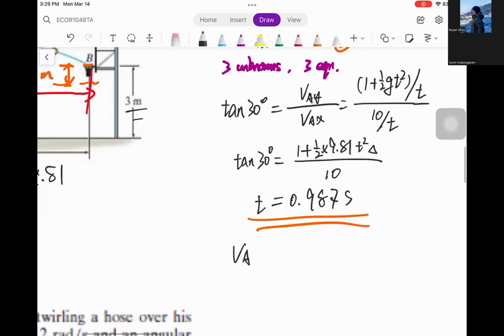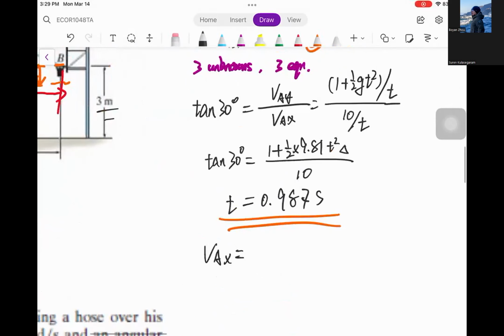So VAX is 10 over T, that is 10 over 0.987. So it's 10.13 meter per second.